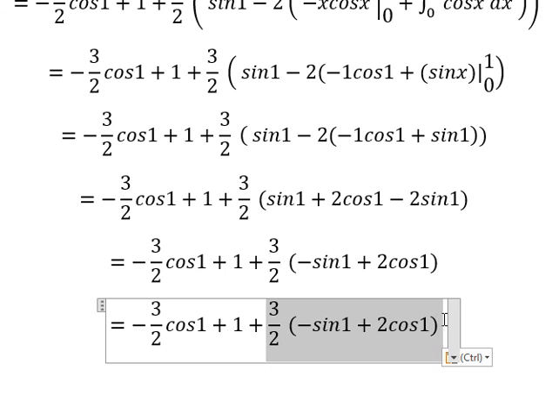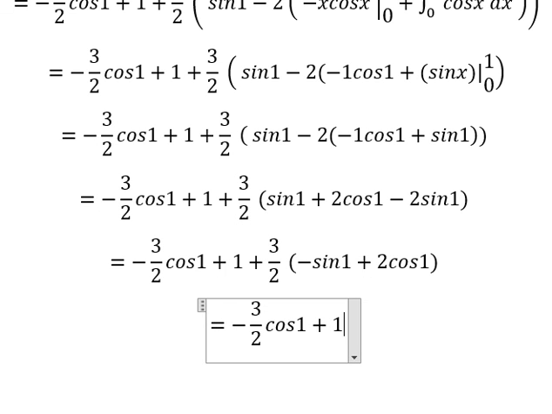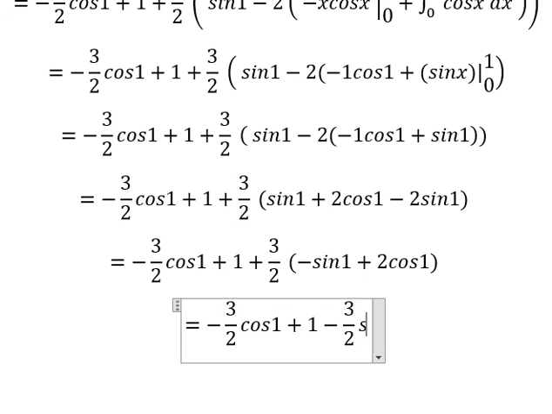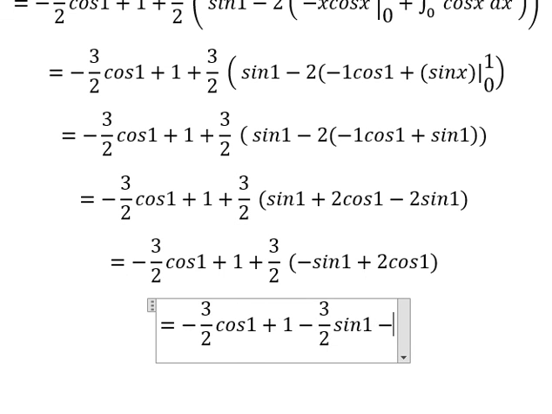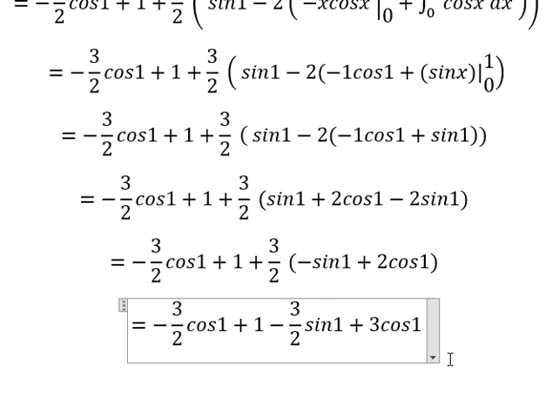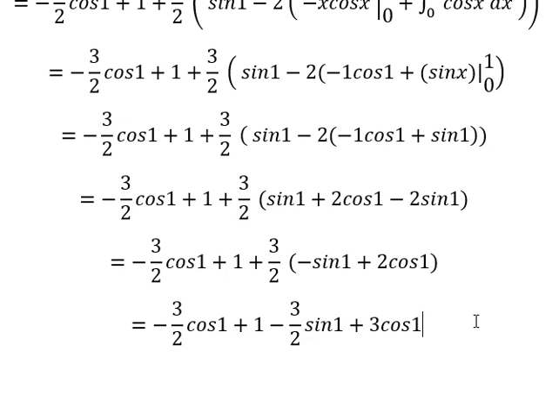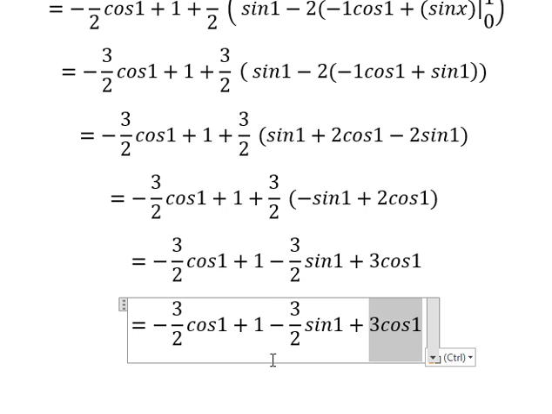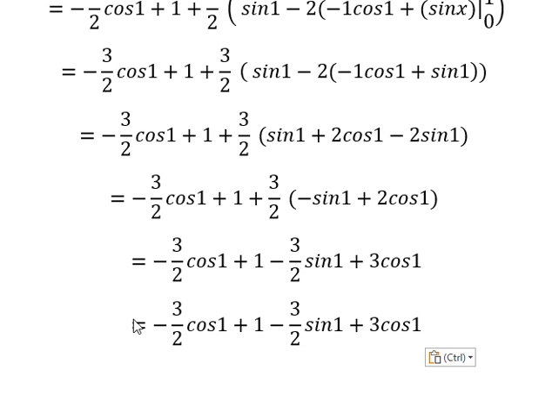So this one we have negative 3 over 2 sine number 1, and we have 3 cosine number 1. This one combined with this one, we have 3 over 2.